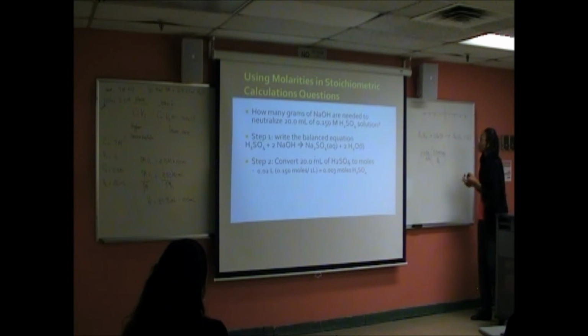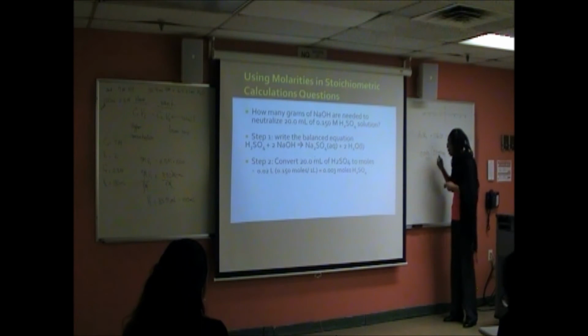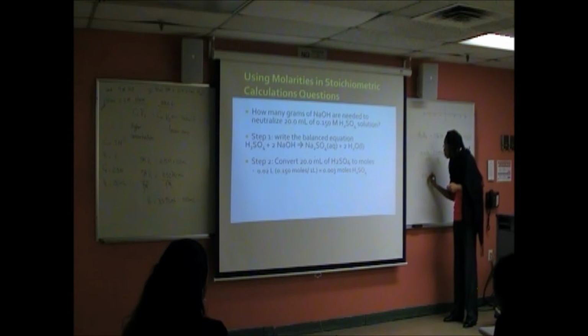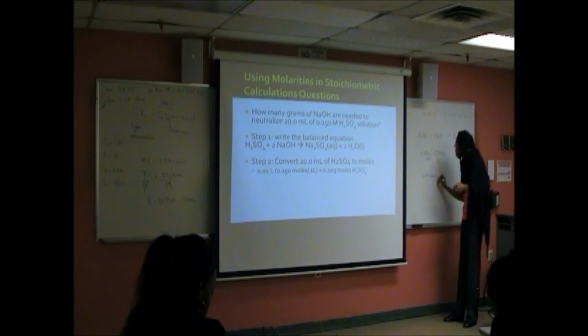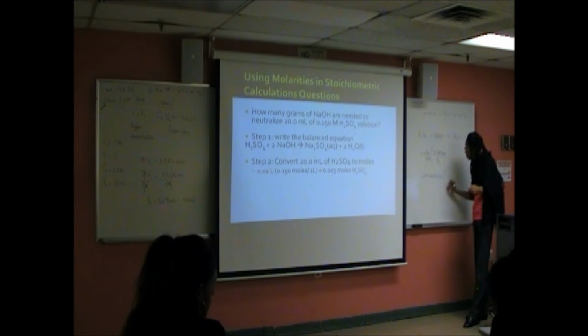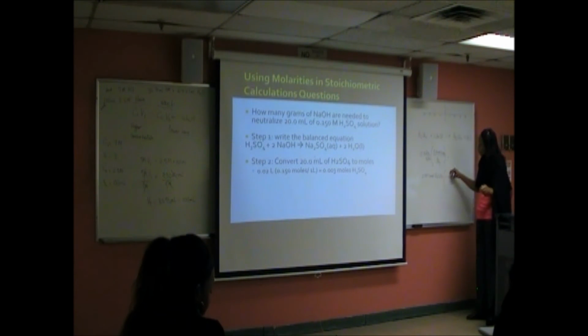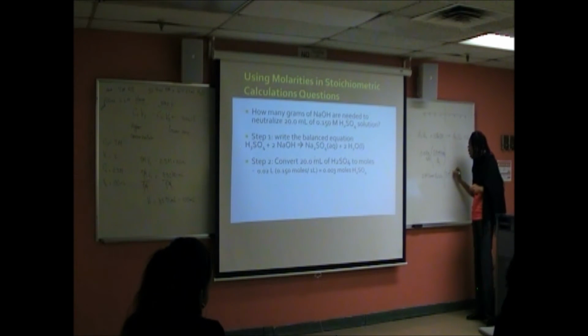So let's set it up. We have 0.003 moles H2SO4. What goes on top? 2 moles of NaOH over 1 mole H2SO4.